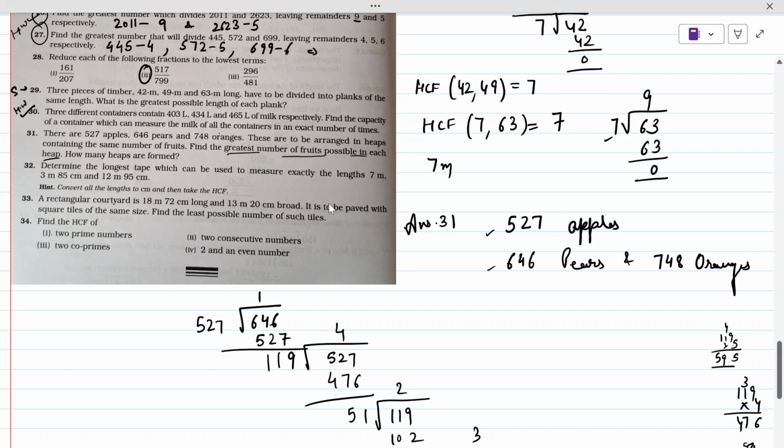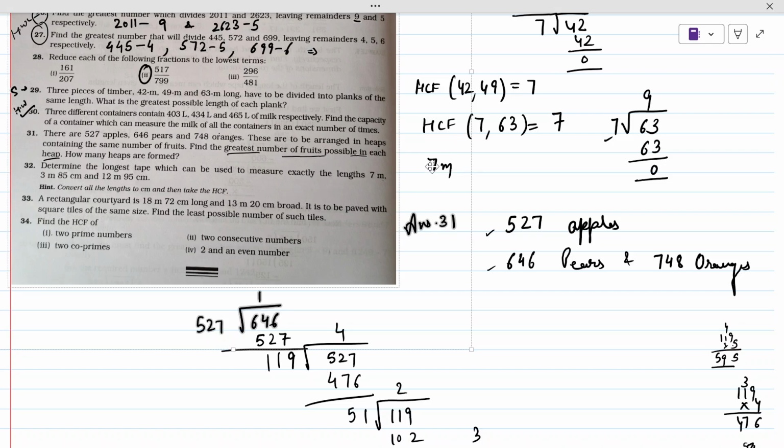Now the question is whether we should convert them into meters or centimeters. If we convert them into meters, we will get the answers in decimals and it will be a little hard to find their HCF using decimals. So we are going to convert them into centimeters.